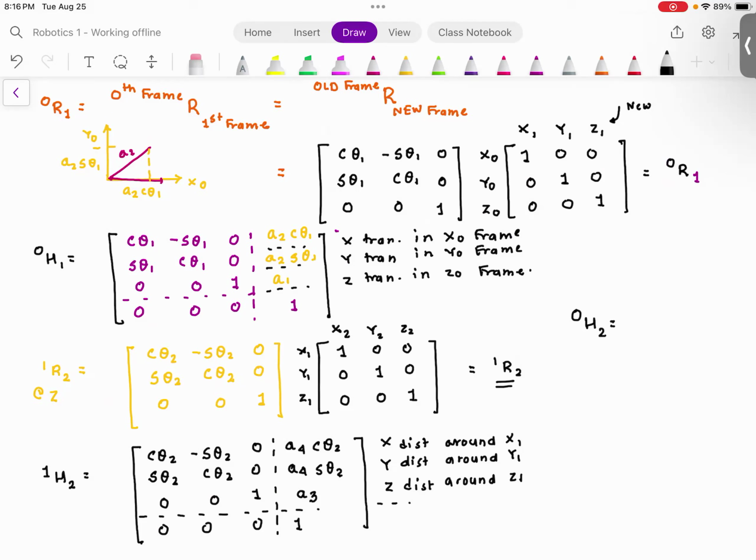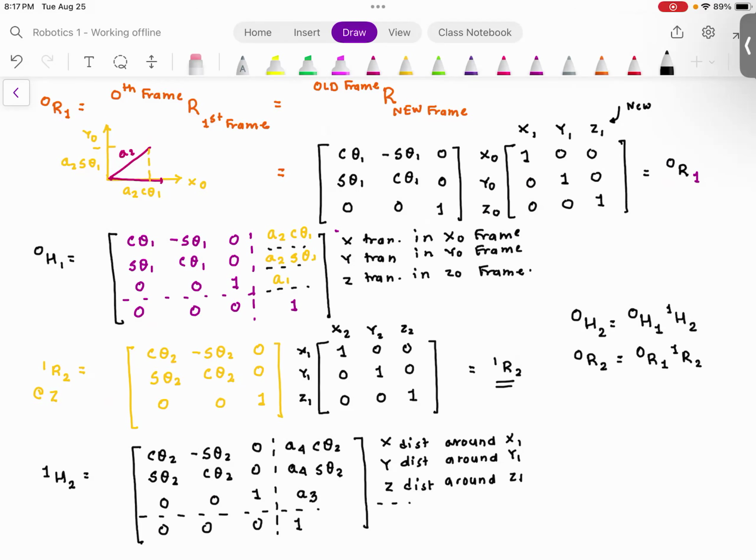We start from 0, we go to 2, which is nothing but 0 to 1 and 1 to 2. Now same thing you can do. If you want to find out the relative rotation of frame number 2 with respect to frame number 0, you would do 0R1 multiplied by 1R2.